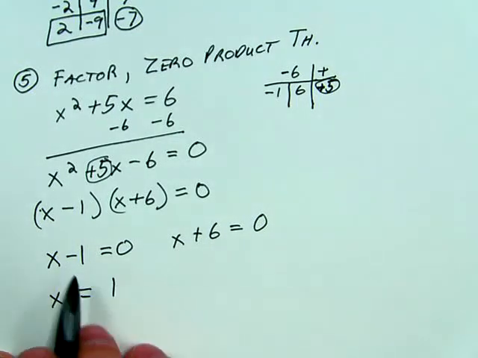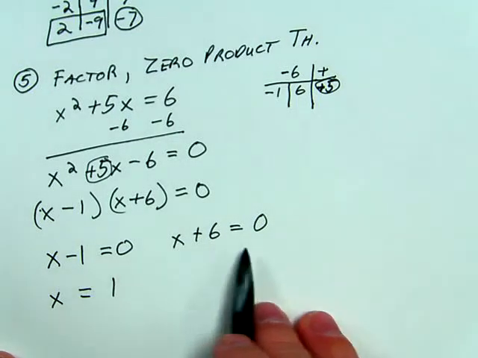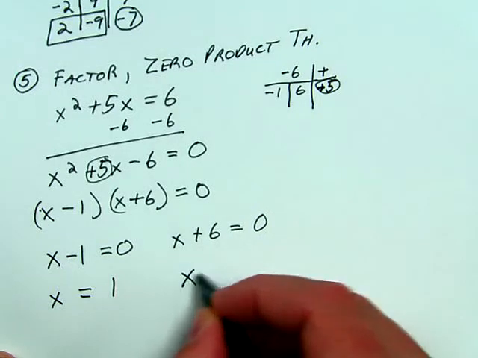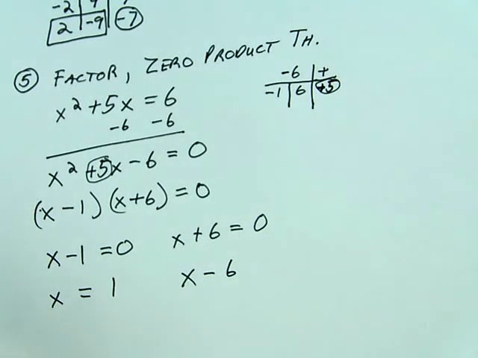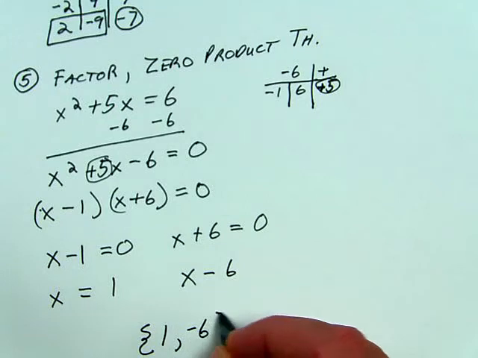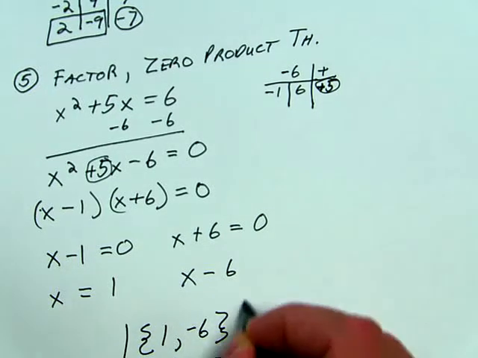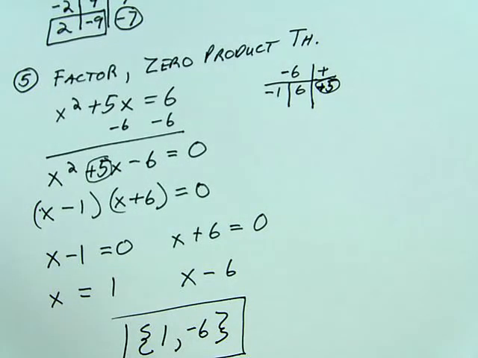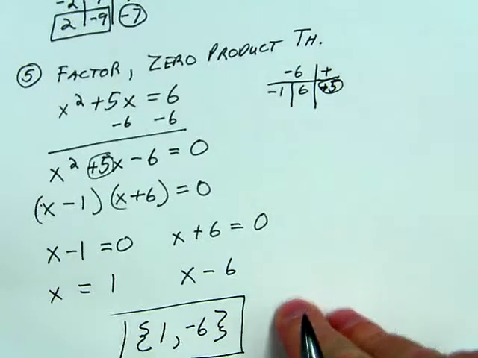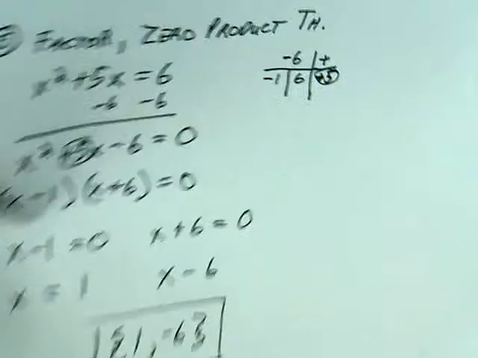X is equal to 1. I added 1 to both sides. Over here, I'm going to subtract 6 from both sides. X equals -6. And so now my answer set is 1 and -6.